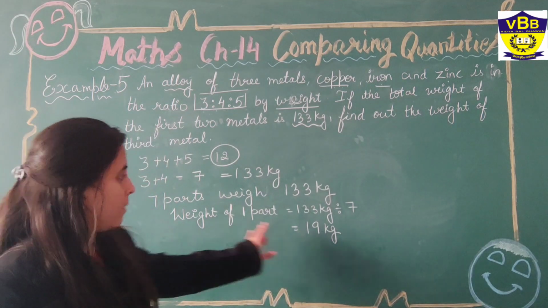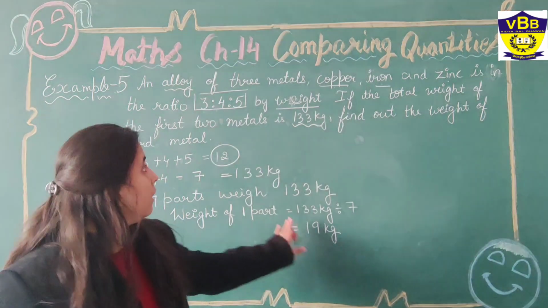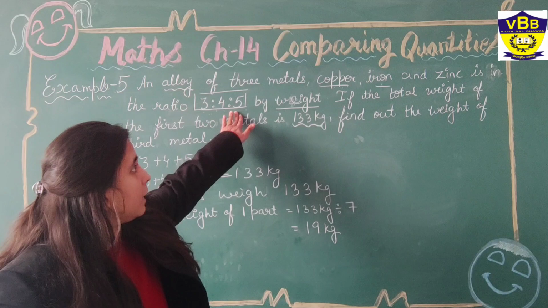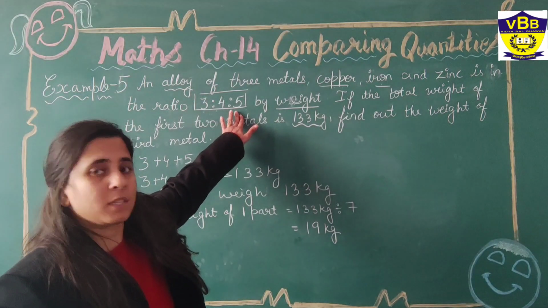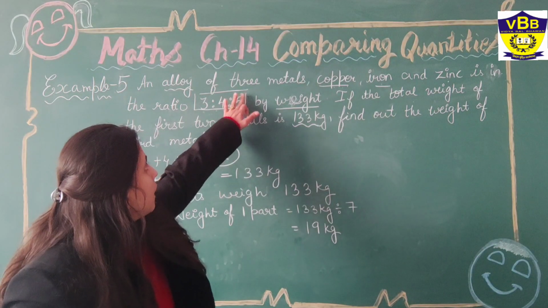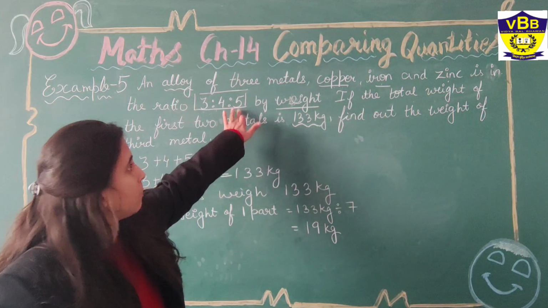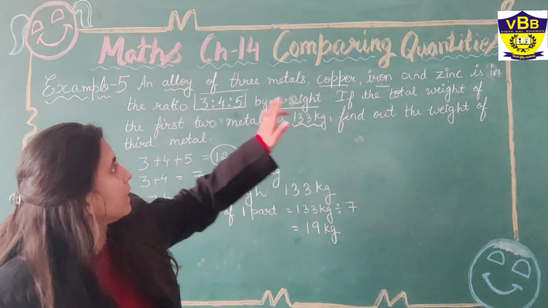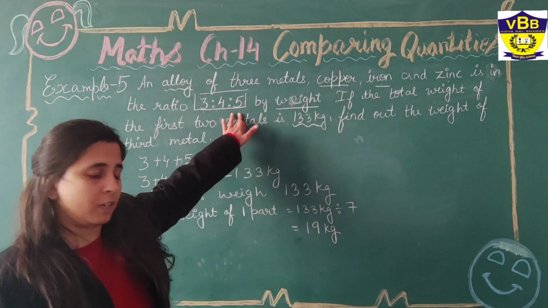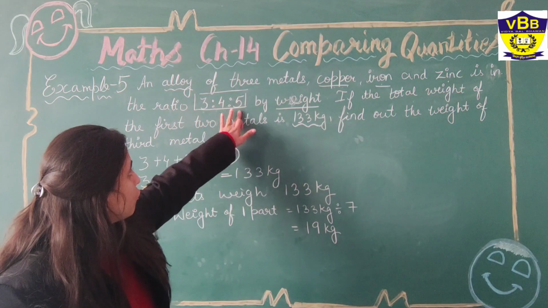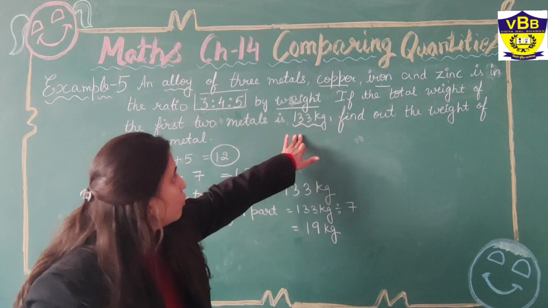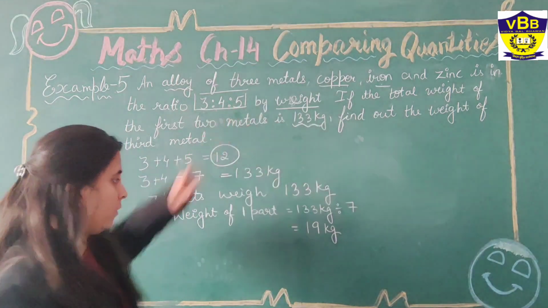So the value of one part is 19 kg. Whereas the third metal, zinc, was in the ratio how many parts? 5 parts. The weight of zinc is 5 parts. 3:4 we know, we need to find for 5.